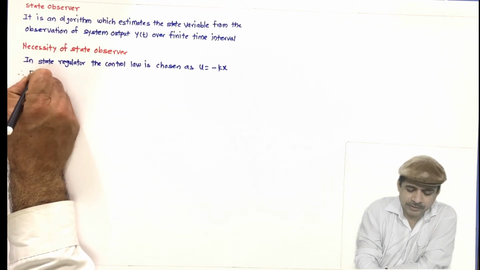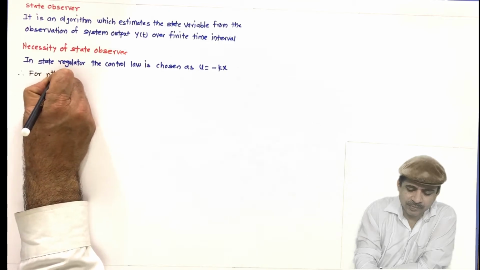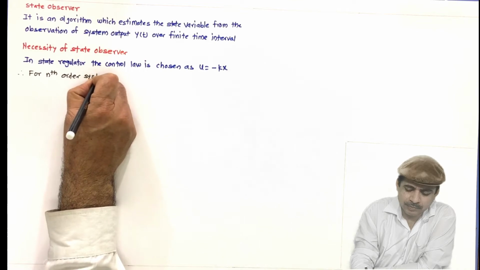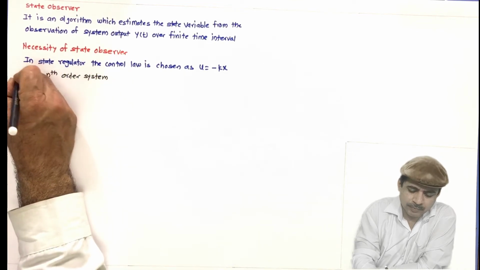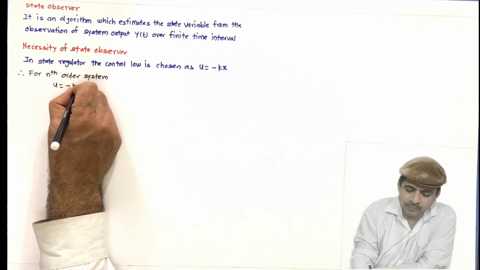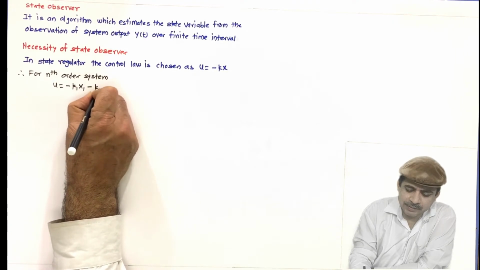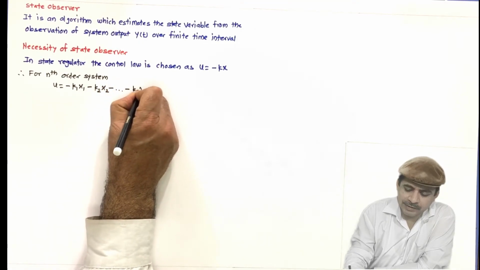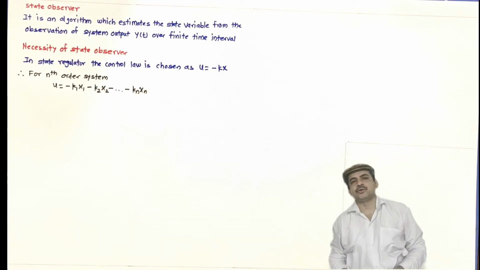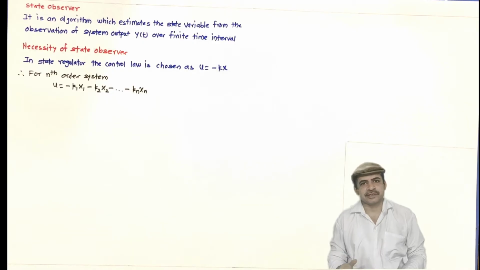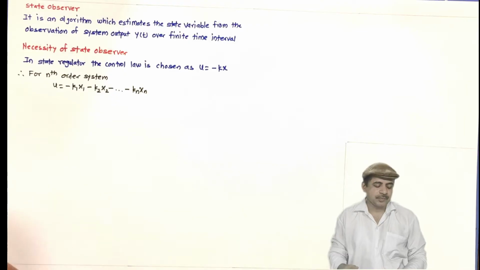So for nth order system, u is equal to minus k1 x1 minus k2 x2, and so on up to minus kn xn, where k1, k2, up to kn are the elements of state feedback matrix K, and x1, x2, up to xn are the state variables.